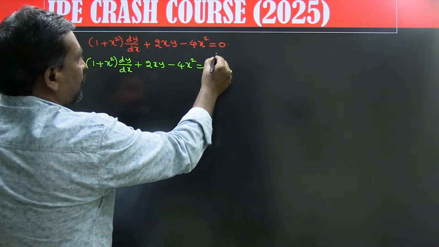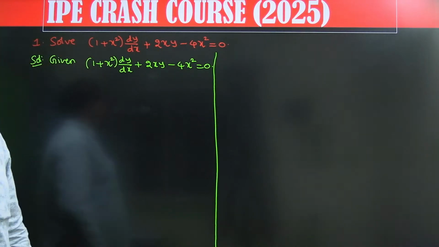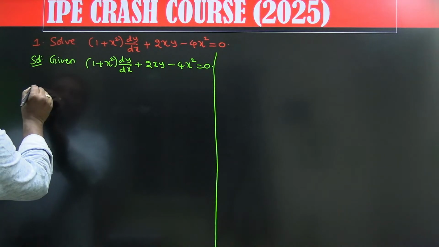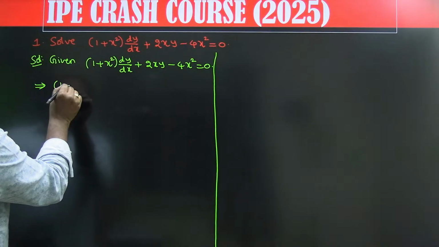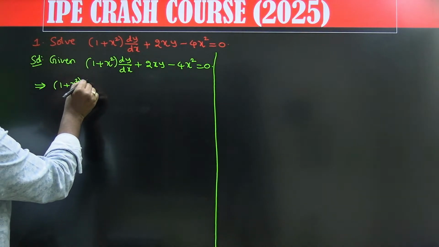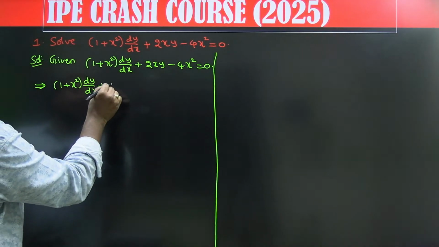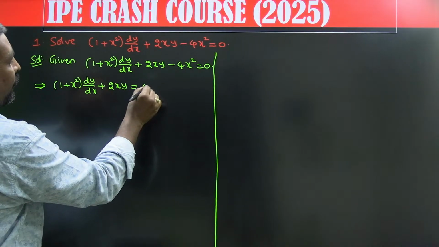So how do we know whether it is a linear differential equation or not? First, we have to convert this into the linear differential equation form: (1 plus x square) into dy by dx plus 2xy is equal to 4x square.